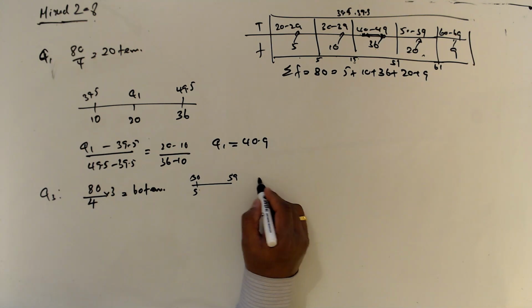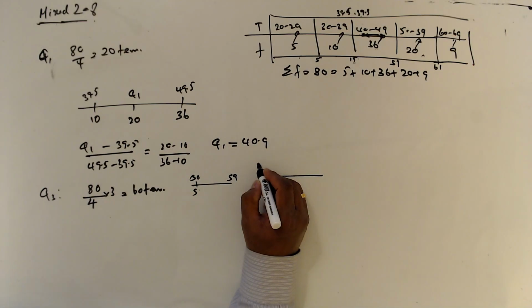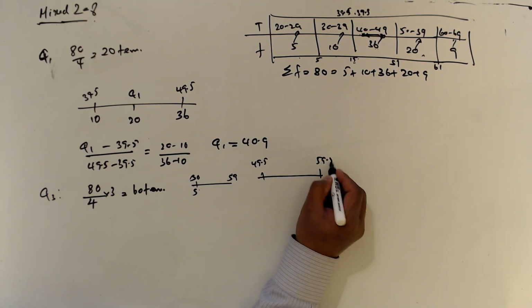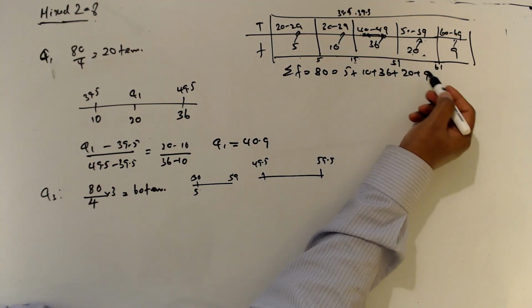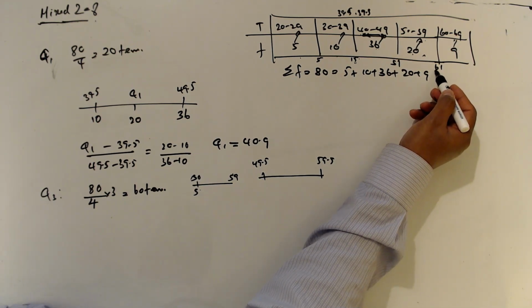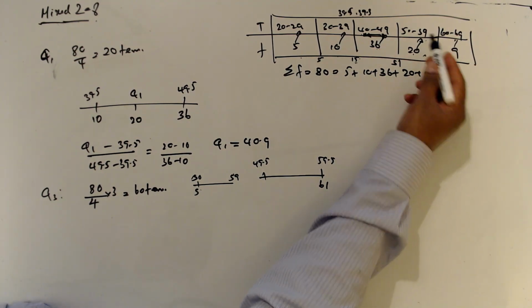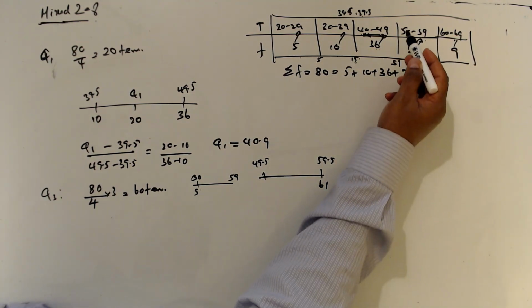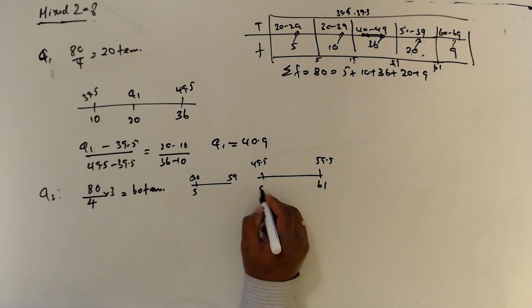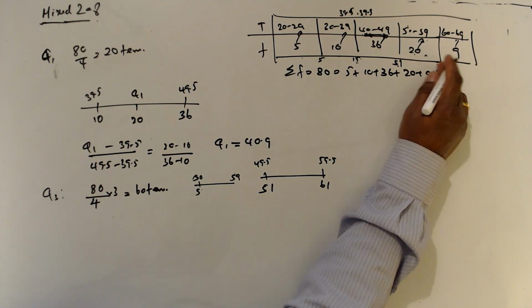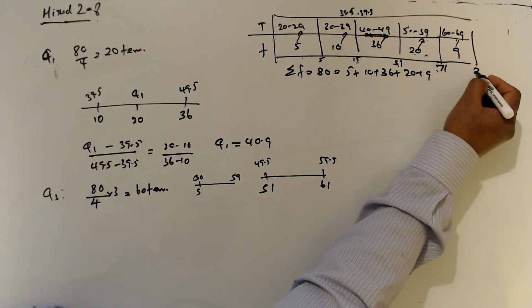Initially it is 50 to 59, but we have to amend it, so it is going to be 49.5 to 59.5. The cumulative frequency up to 59.5 is, actually this is not 61, this is 71, and this is 80.